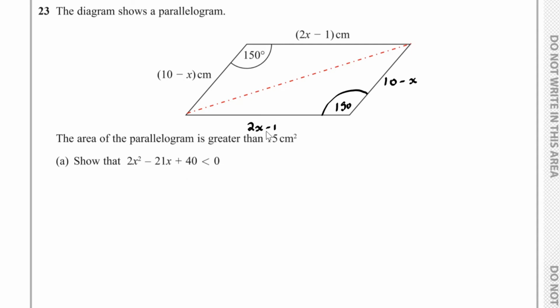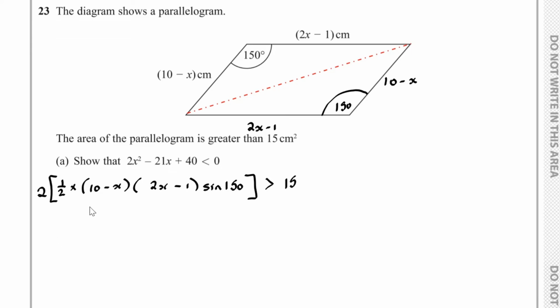So if we do that, we've got two lots of the area of one triangle, that's 1/2 ab sine C. So we've got 1/2 times 10 minus x times 2x minus 1 times the sine of 150. And this must be greater than 15 centimeters squared.